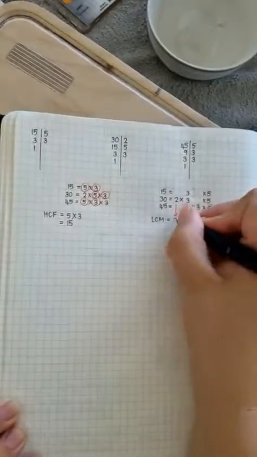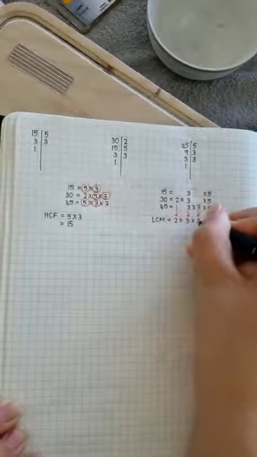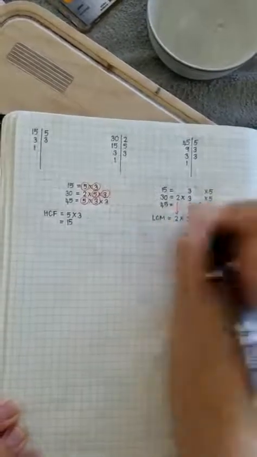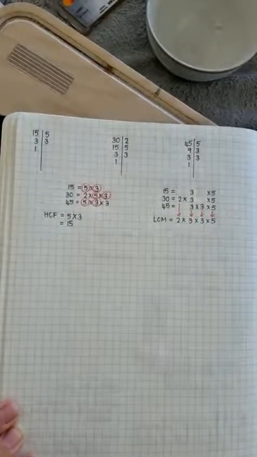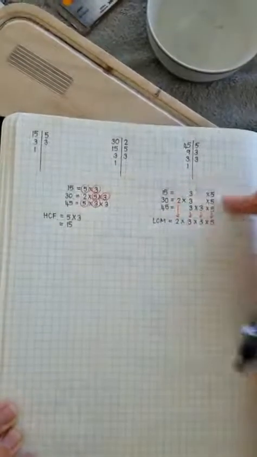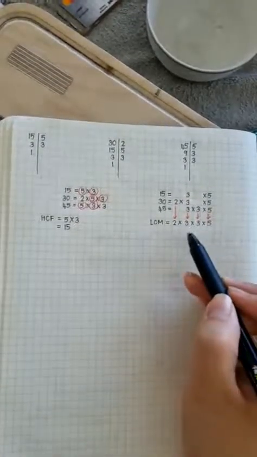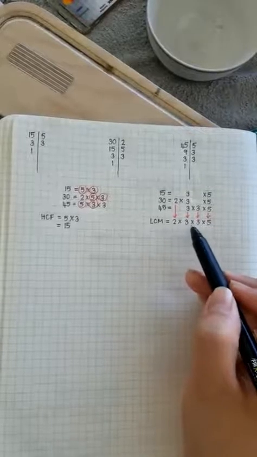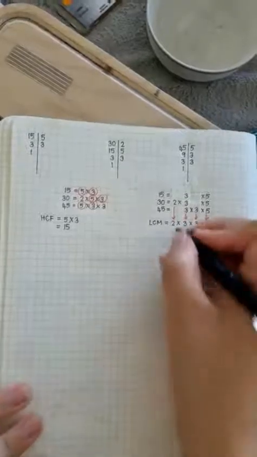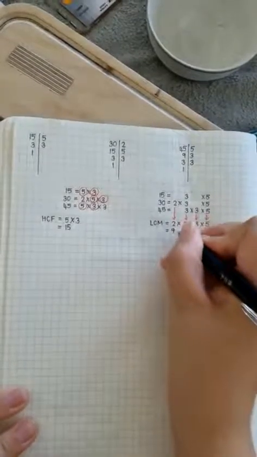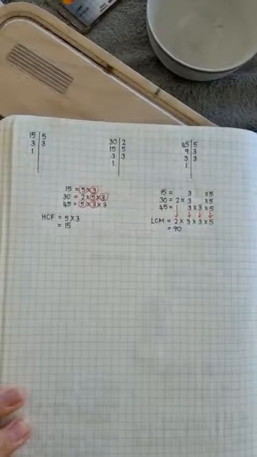So our LCM is going to be 2 times 3 times 3 times 5. I found that this method really is easy to use if you know how to set up these numbers. So then you would just have to work this out. 2 times 3 is 6, and then 6 times 5 is 30, and that times 3 is 90. So that is the lowest common multiple of those 3 numbers.